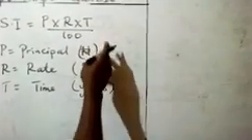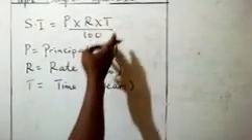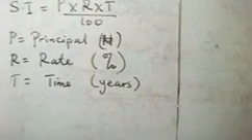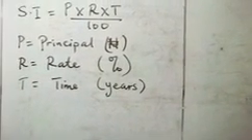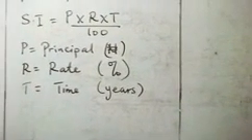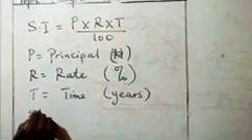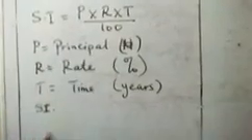Your percentage also sometimes can be measured in naira, kobo, dollar, cents also. So your principal is measured in naira, and it can also be measured in naira and kobo. Then the last thing we are talking about here is your SI, which is simple interest.